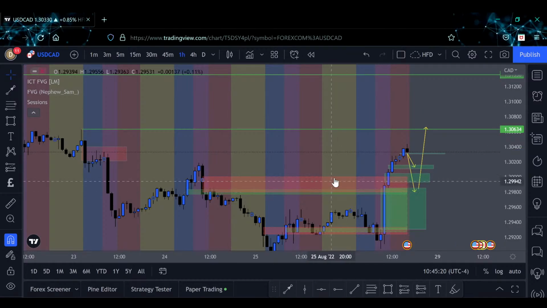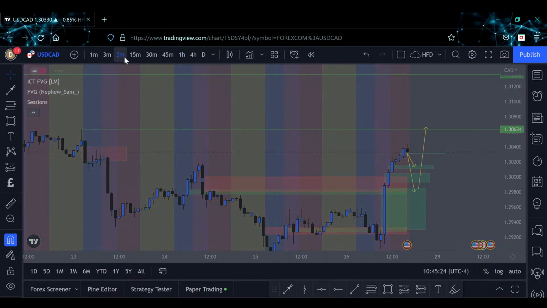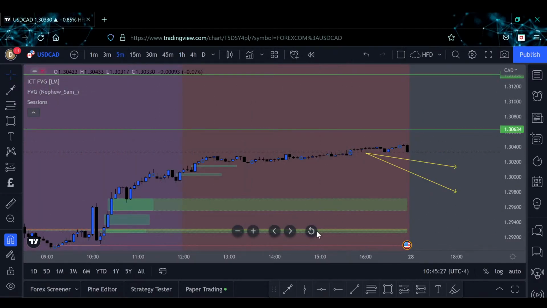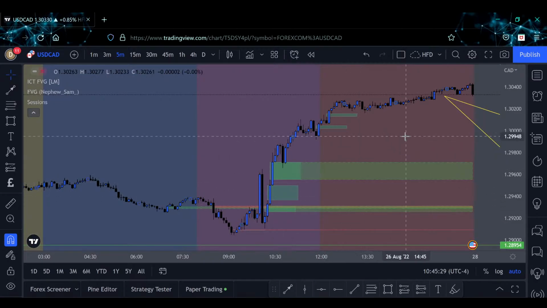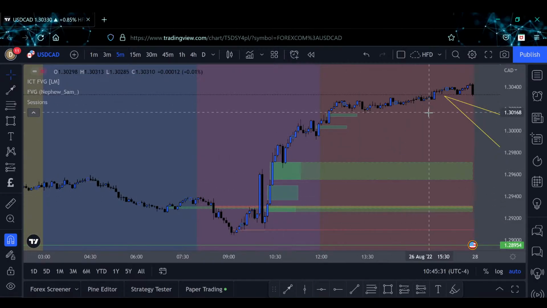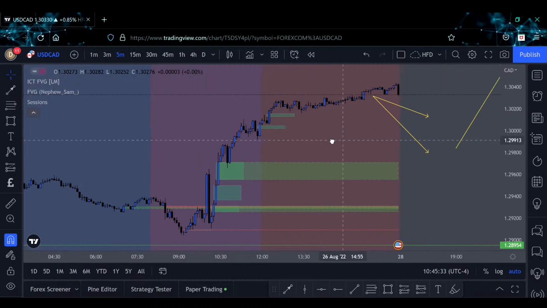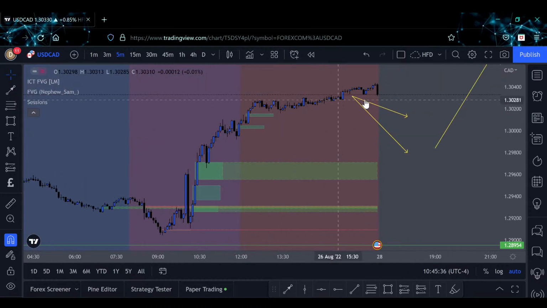So that's USD CAD. I would expect some sort of pullback to grab this liquidity.